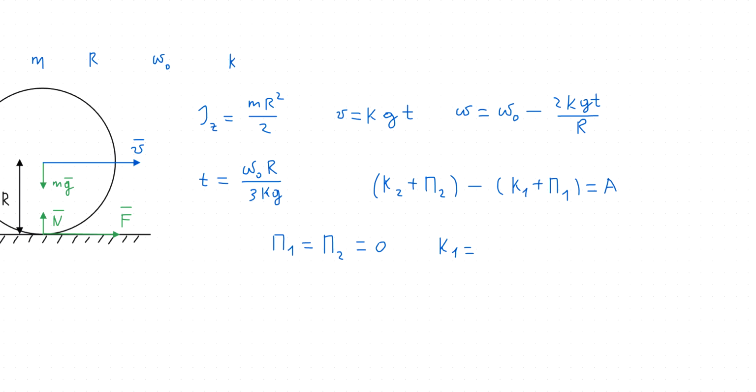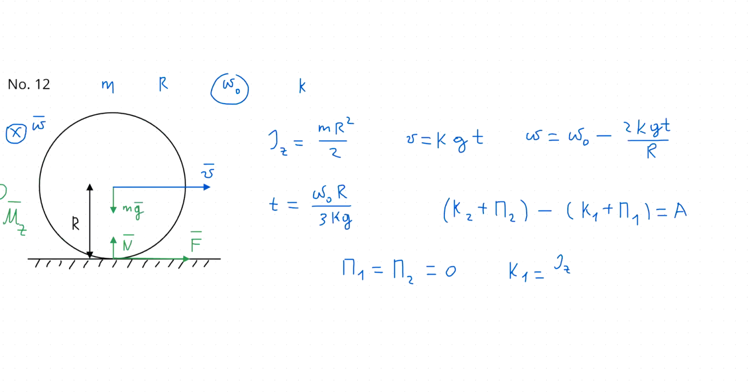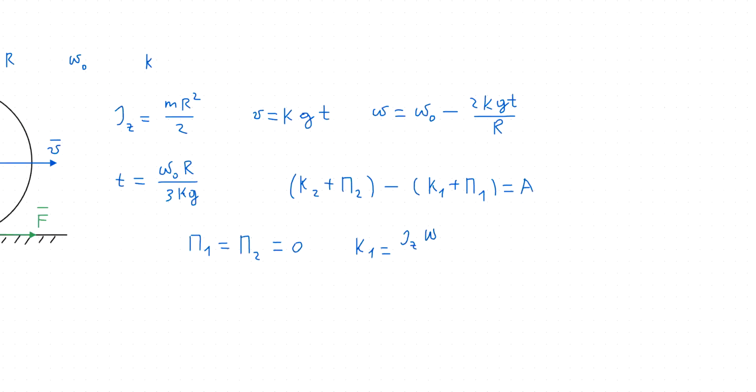1 divided by 2 multiplied by inertia omega square. Yes, it will be 1 divided by 2, it will be IZ, omega 0, the initial angular velocity, divided by 2.